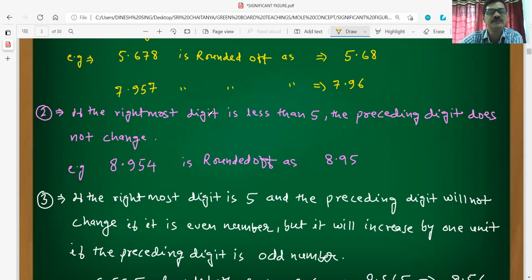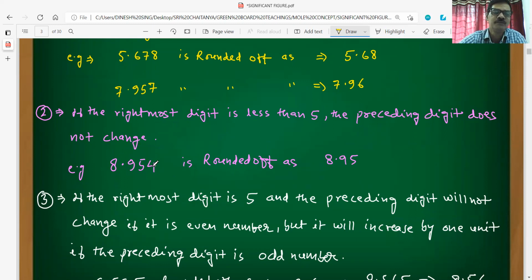Rule 2 is: if the rightmost digit is less than 5, the preceding digit does not change. If the rightmost number is less than 5 and we want to remove this digit, then the preceding number value will not be changed. For example, 8.954.